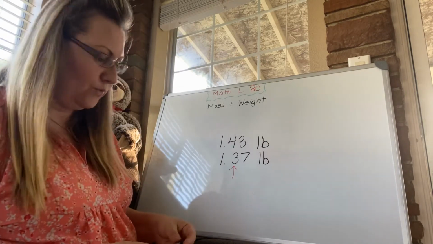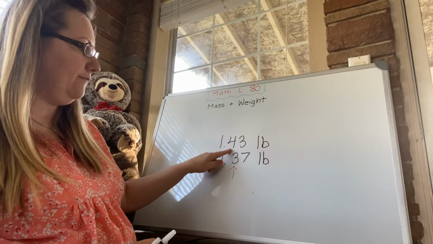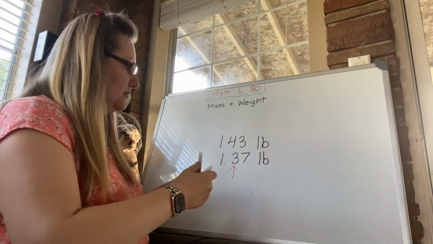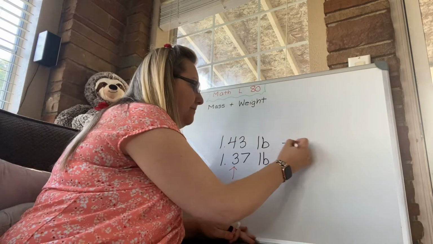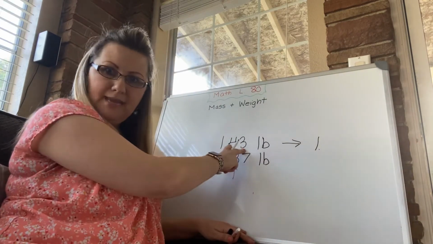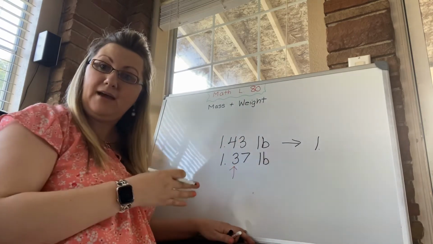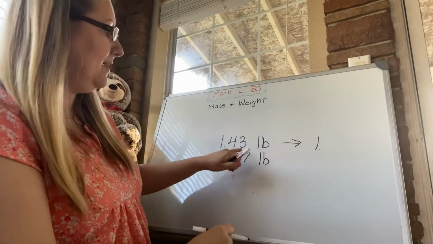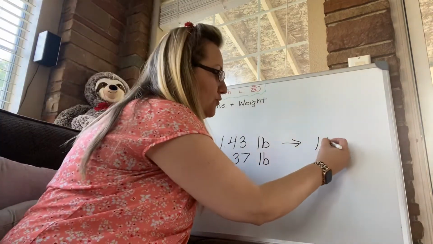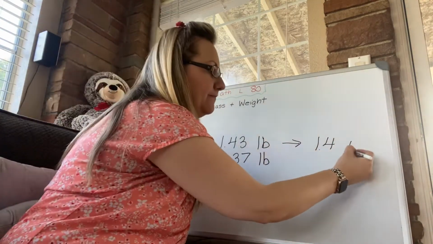Okay, so 1 and 43 hundredths pounds, and we're looking for the 10th place. We want to drop off the other. So this is going to now become 1. Remember, you look at the 10th place and you say, is it higher or lower than half, higher or lower than 5? And since it's less than 5, we're going to round it to 1 and 4 tenths pounds.